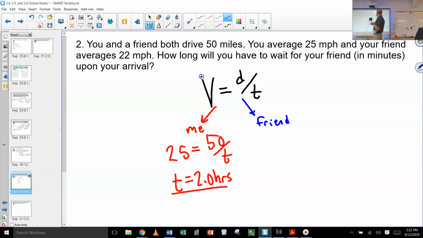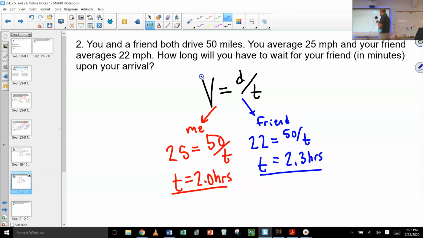My friend is going 22. So I solve that for t. 50 divided by 22 turns out to be 2.3. So friend is 2.3. So how long do I wait?